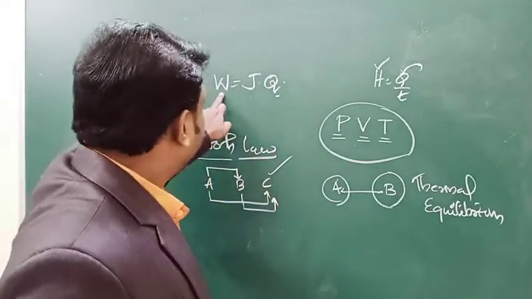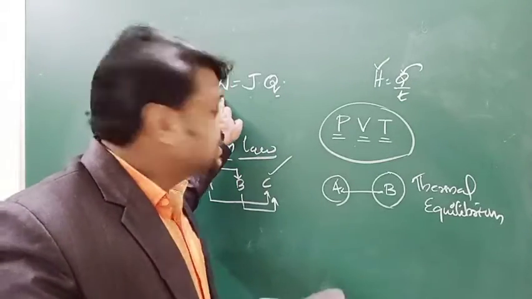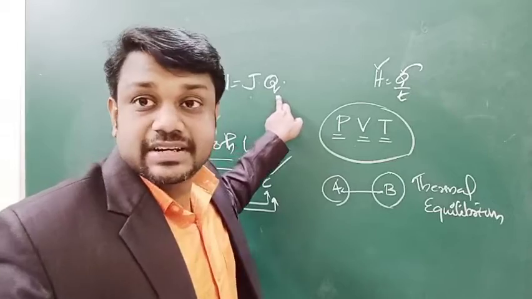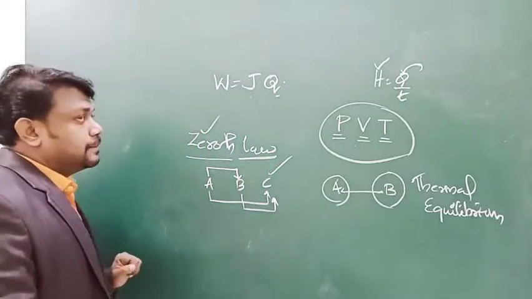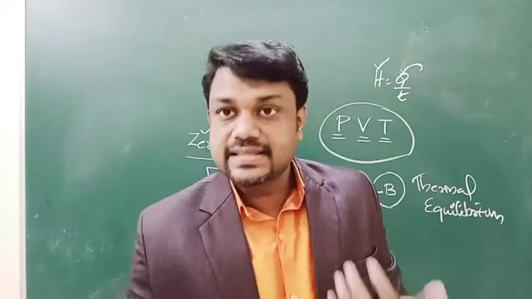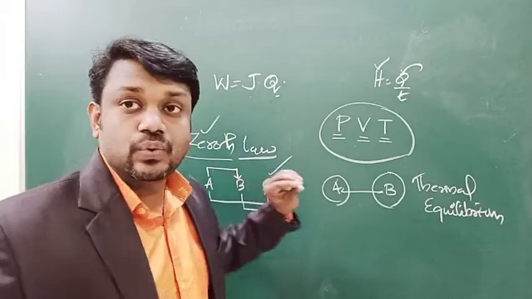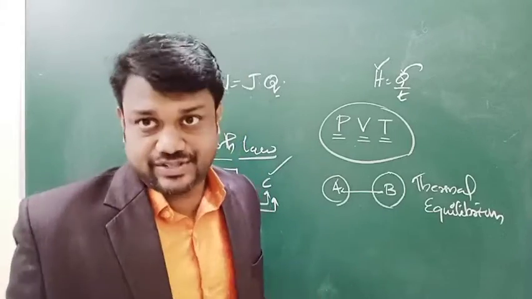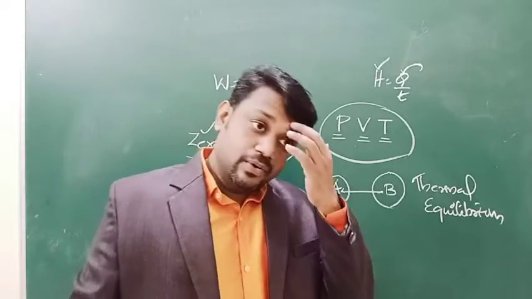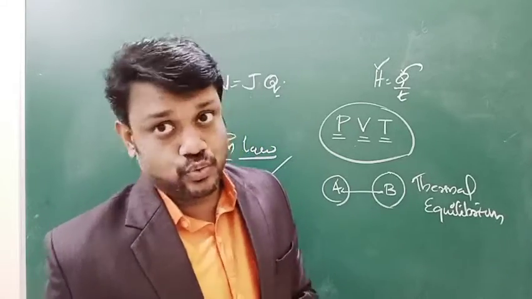Okay, so W is work and Q is heat. W is measured in joules and Q is measured in calories. So Q calories of energy is equal to W joules. Q calories you can convert into W joules.